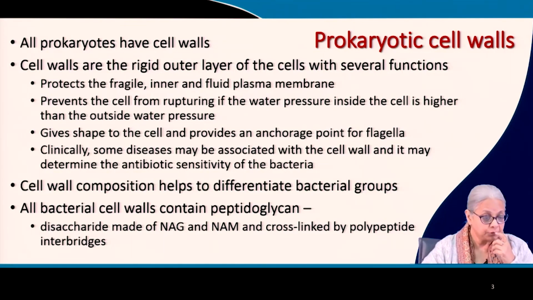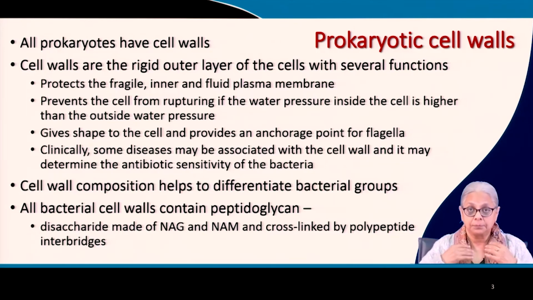perform. You have already seen in the previous topic that the plasma membrane, which is basically the site which determines how nutrients go in and out of the solution, how waste is excreted, is very fragile. It's an inner membrane, and it's highly fluid, and it's not bonded at all, so it's very easy to disturb it.